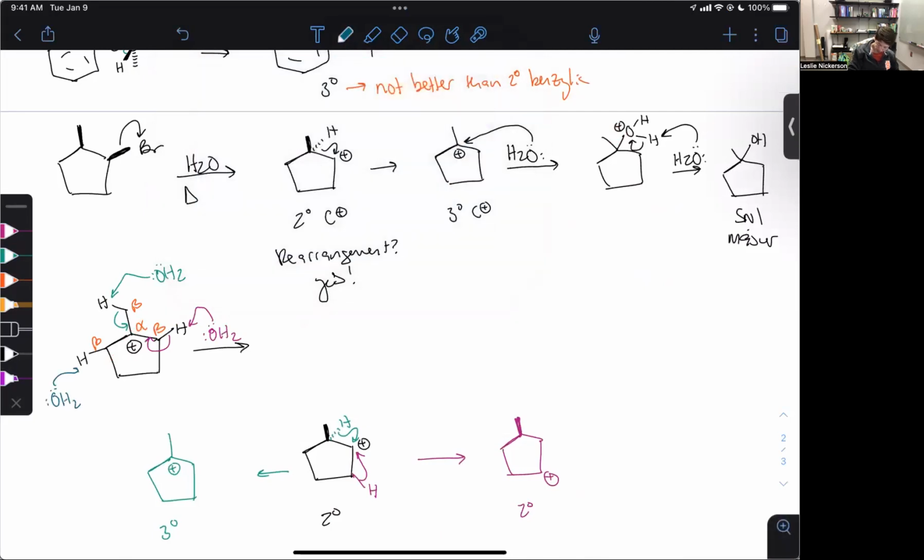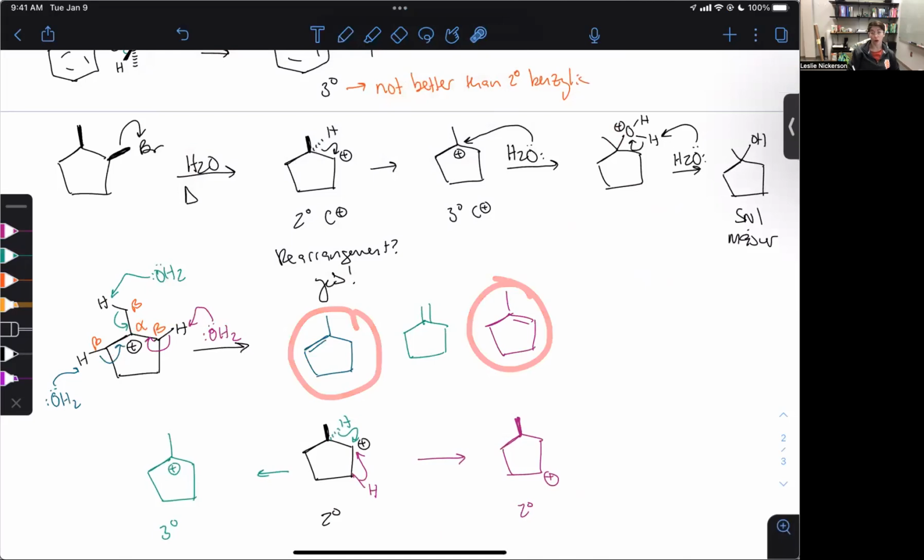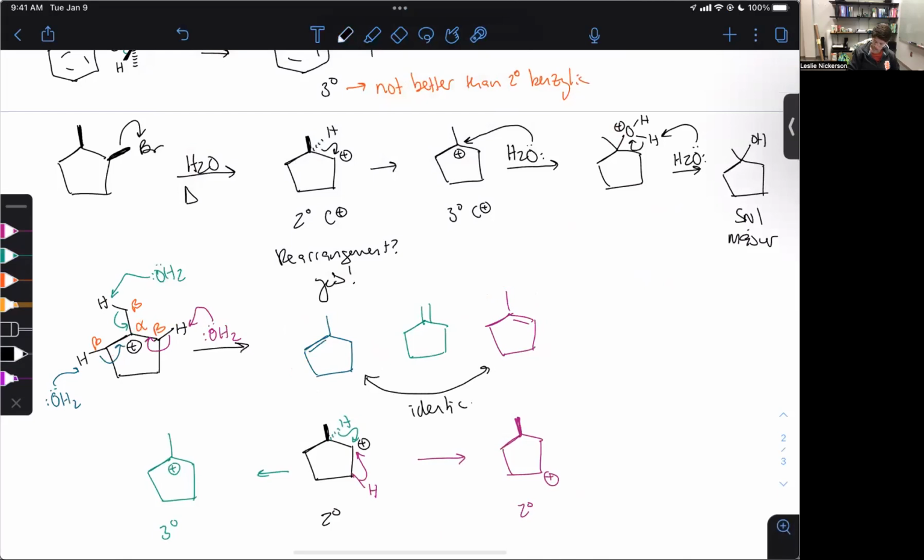Grab the H, make the pi bond. Okay, and then notice these two are the same. So it's really just the two E1 products that we can make, but these will be minor.